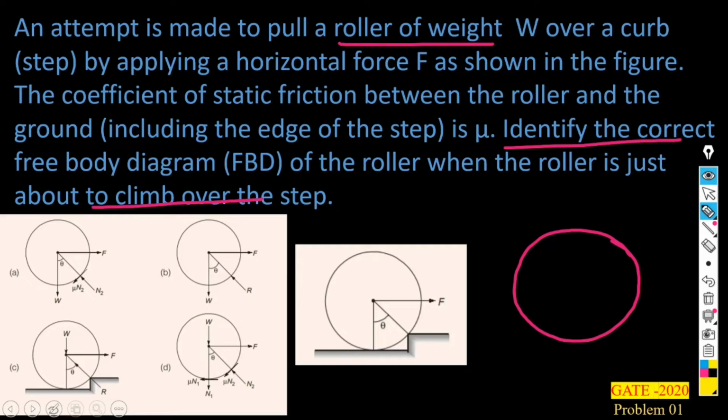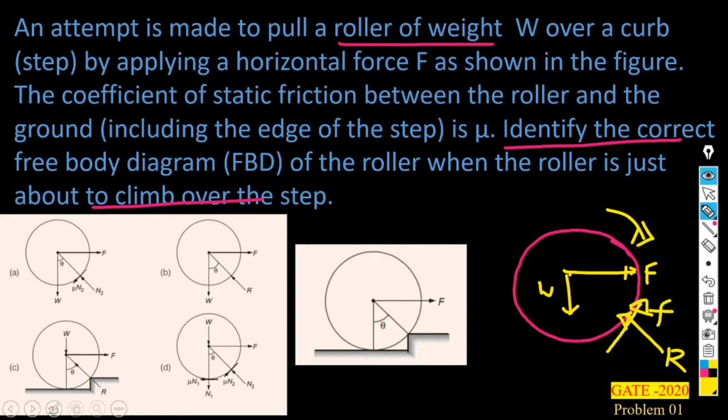In this case, this is the roller and this is the weight W and this is the applied force F in this case, and this is the reaction from the step, R. Since the roller is trying to rotate in the clockwise direction, there is a friction which will resist, and this is a force of friction in this direction.